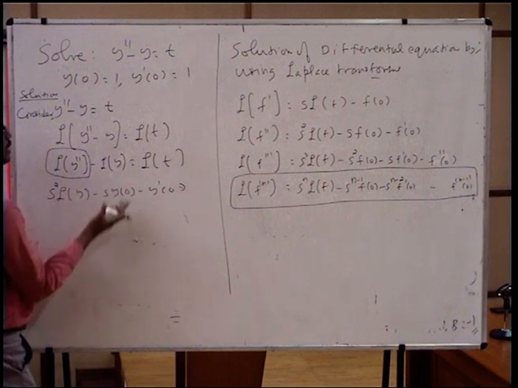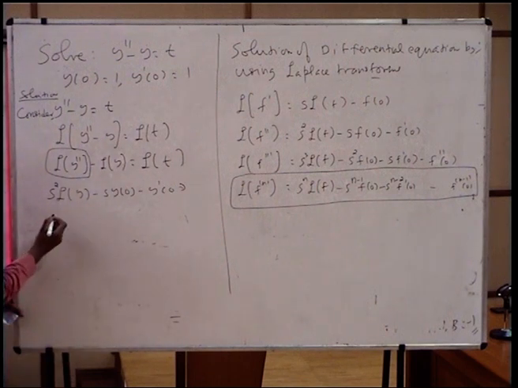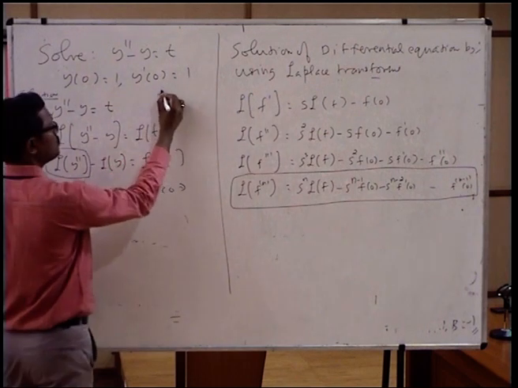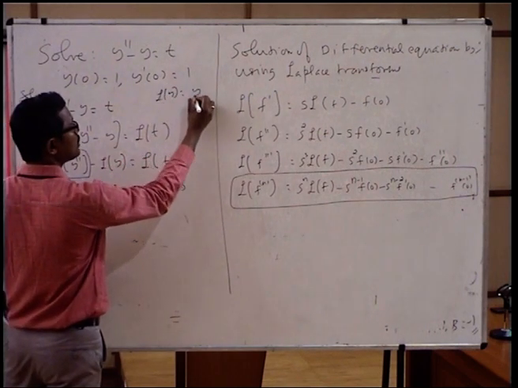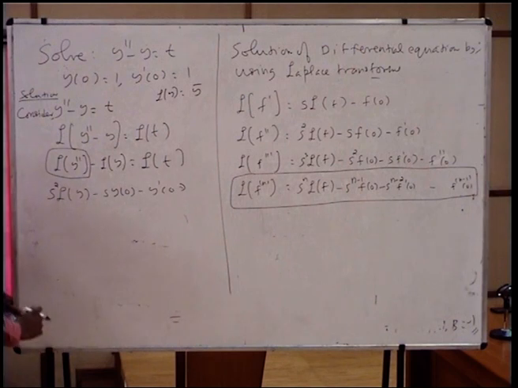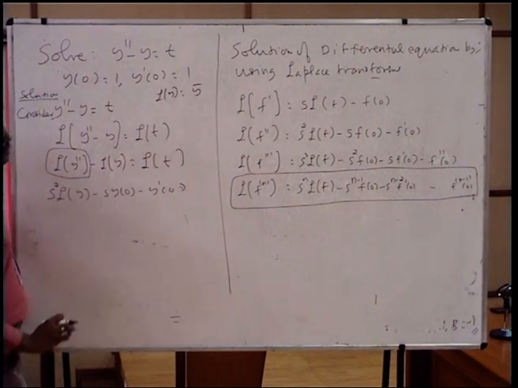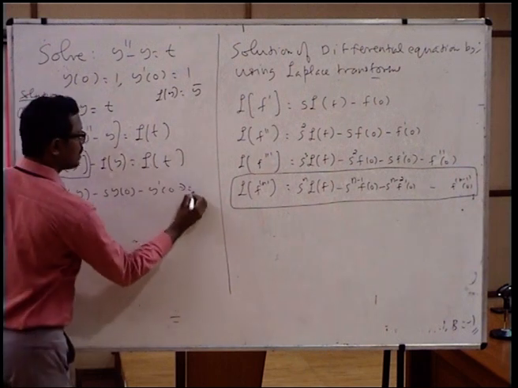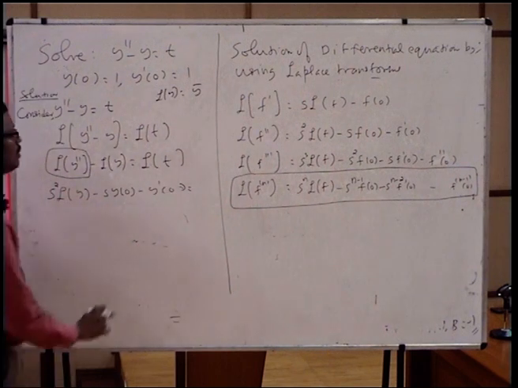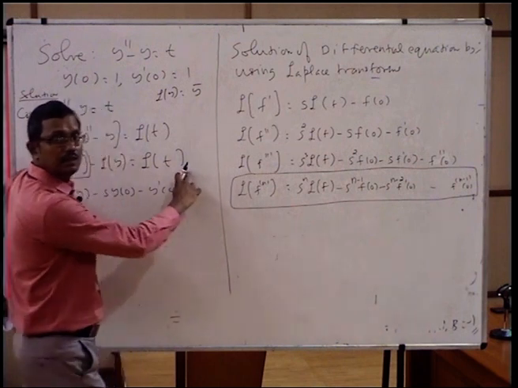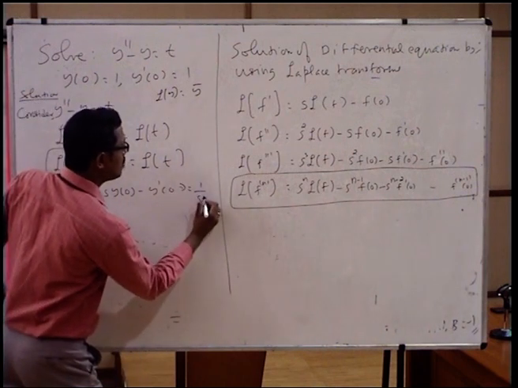So L of y is L of y itself. If you want, you can assume that L of y equals y bar, and then we can replace L of y with this y bar. And what is L of t? On the RHS, the Laplace transform of t is 1 by s square.